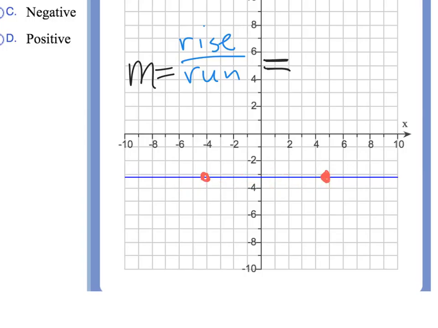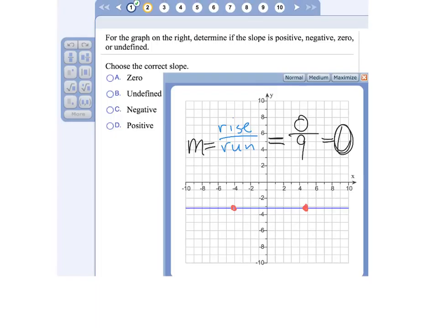No. So the rise is 0. And in this case, the run doesn't really matter, but it's 1, 2, 3, 4, 5, 6, 7, 8, 9. Okay, so the run is about 9. It doesn't really matter because 0 over anything automatically equals 0. So in this case, the slope is 0.